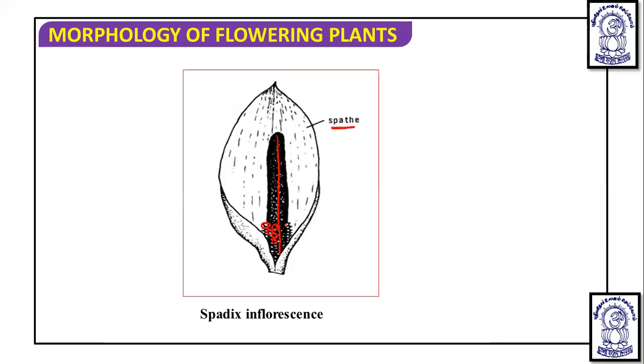These are the female flowers here, and they are unisexual female flowers. And above that, you will see the presence of male flowers here. And in between these two, you will see the neuter or sterile flowers.